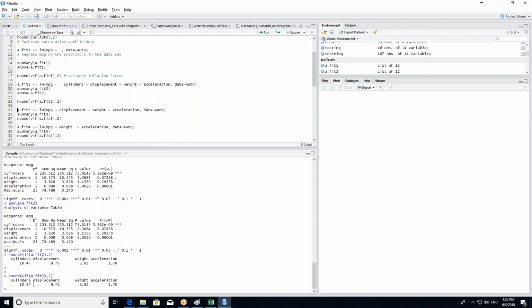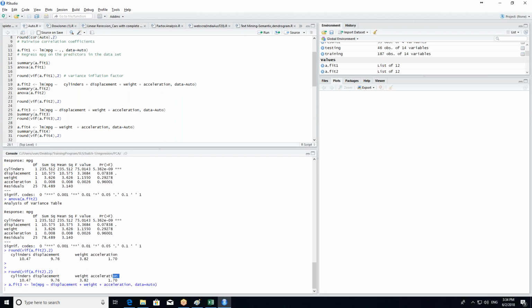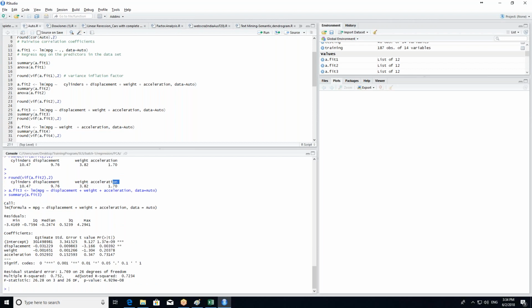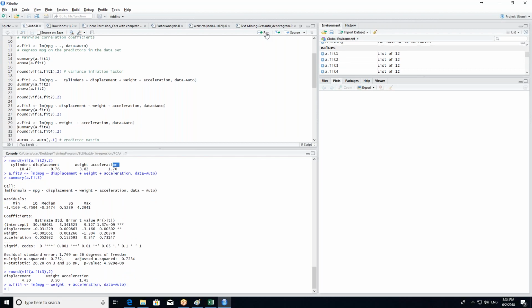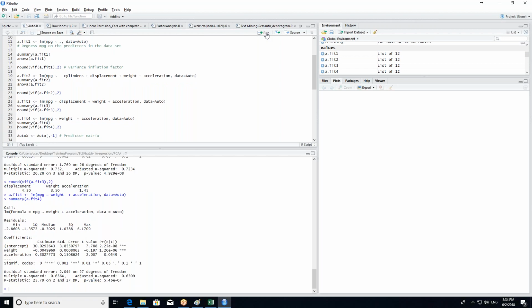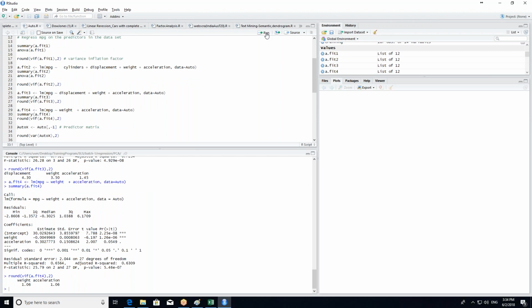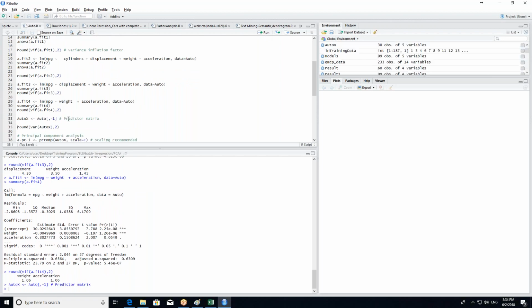Okay, so now I got cylinder which is 10.47, displacement 9.76, weight and acceleration. And then I build the model. Again, the fourth time I remove another variable.